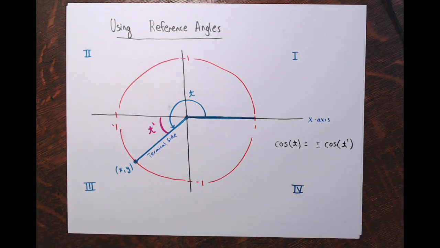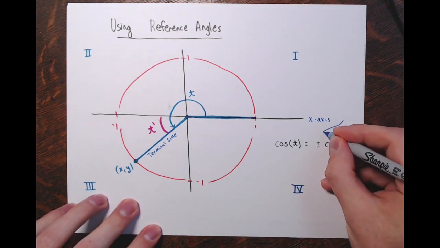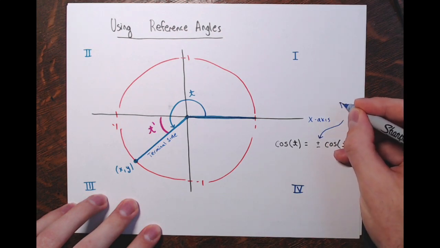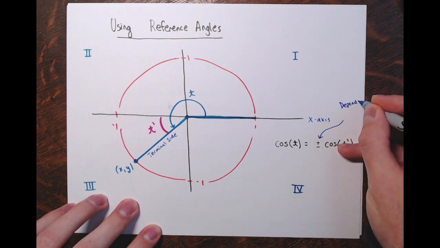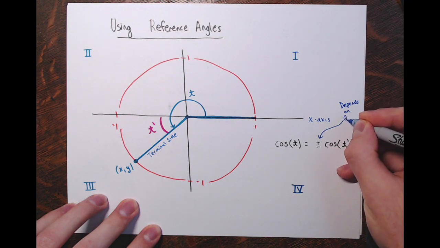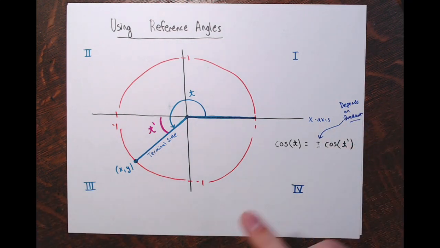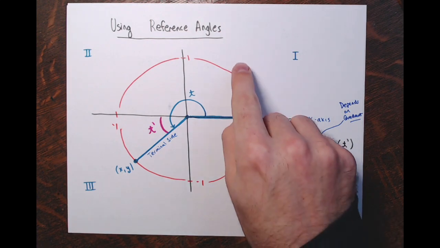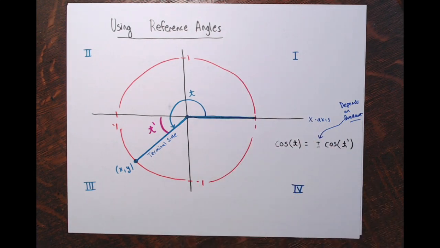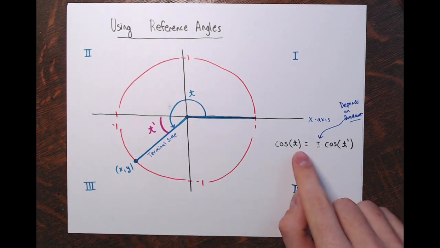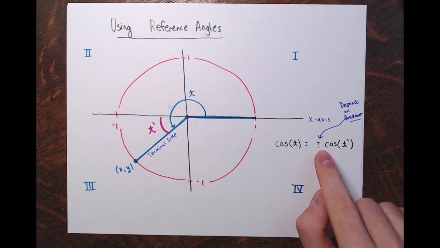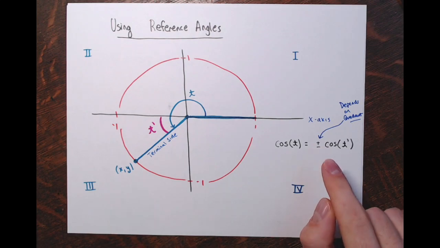Remember this plus or minus here depends on the quadrant. Because if your angle's in quadrant 1, the cosine will be positive. If your angle's in quadrant 3, like this picture, the cosine will be negative. So you take the cosine of the reference angle and then make it positive or negative depending on the quadrant.